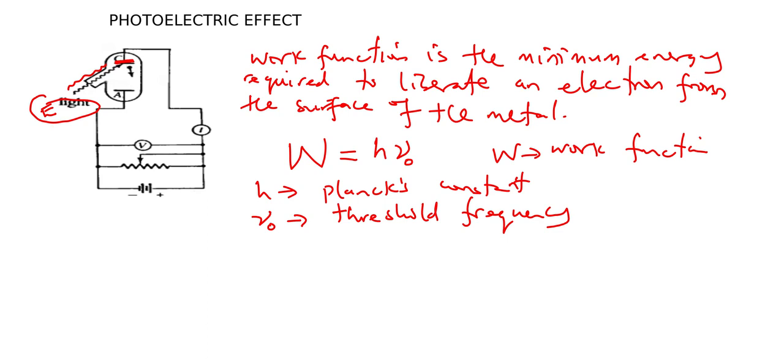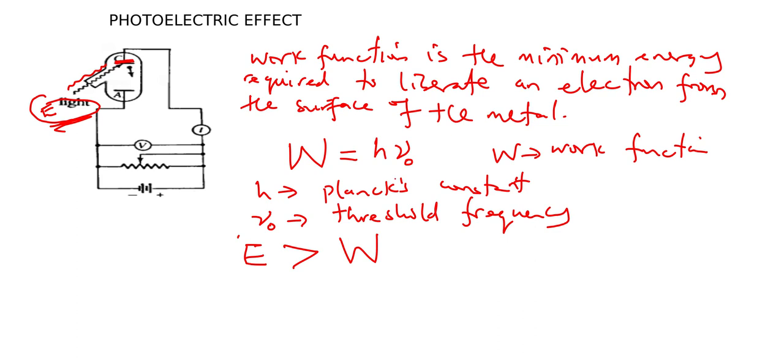So the incoming light must be greater than the work function of the metal before electrons are liberated.